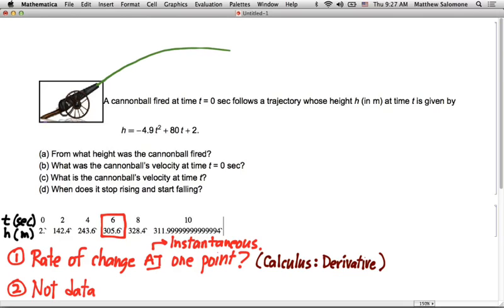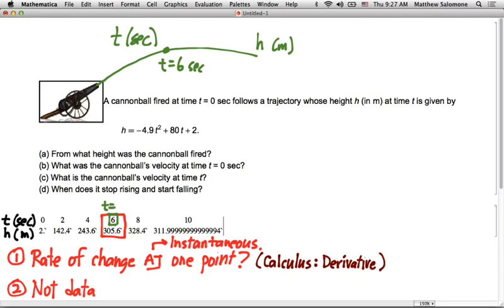So we fire a cannonball out of a cannon somehow, and its height, measured in meters, is related to time in seconds. And if I want to know 6 seconds after I fire this cannon, t equals 6 seconds, say, what is its rate of change, what's its upward or downward velocity, I would need to have a couple of points that are so close to one another that they're practically indistinguishable.